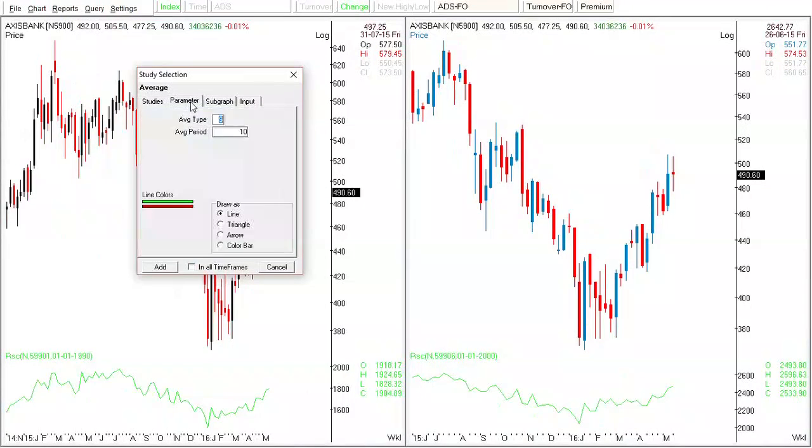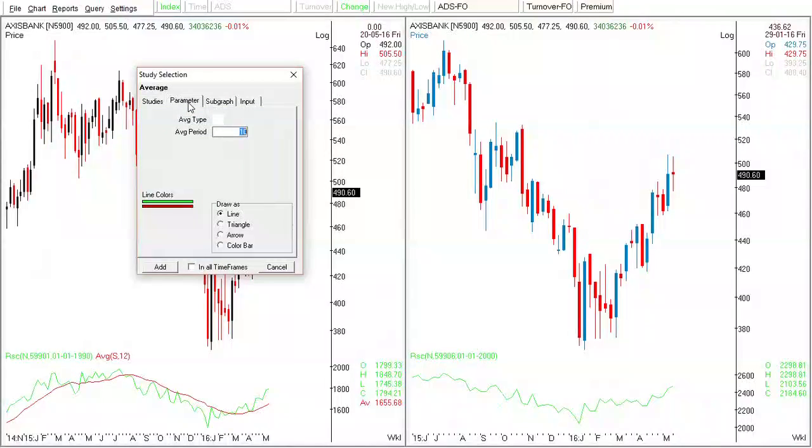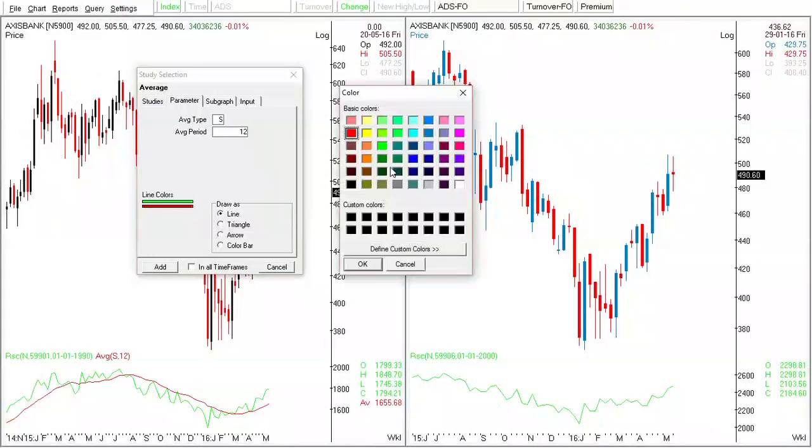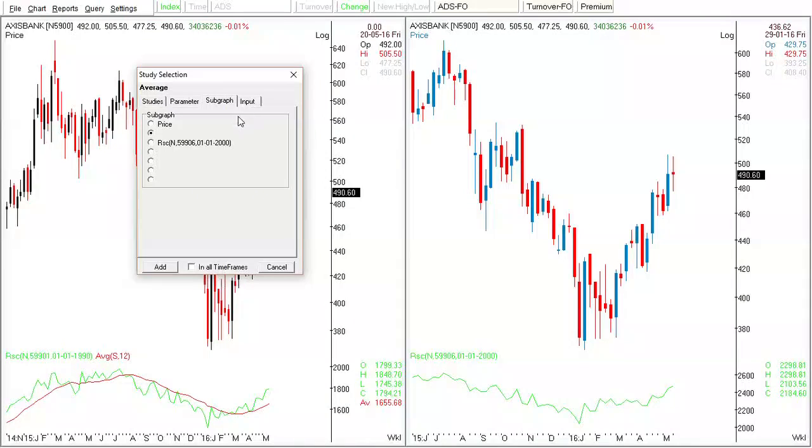Now what are we going to do? We're going to plot an average. So S12. Now this is where I will answer a question which was raised some time back. Why did I choose 12? Because the relative strength comparison study that we are doing works pretty well in a medium term time frame, and for that we use the weekly charts.